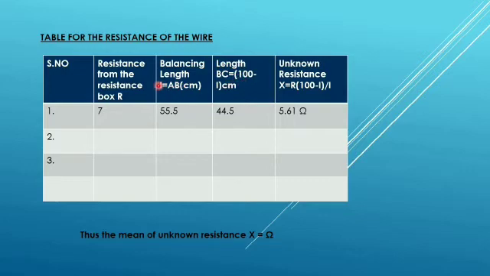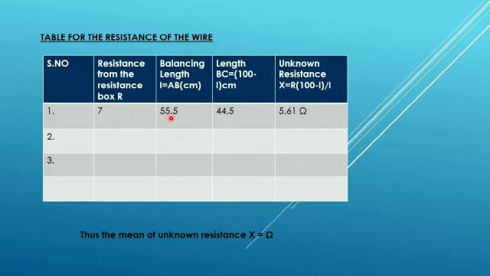100 minus this L, and unknown resistance X equals (100 minus L) upon L into R. So R we will substitute from this table, 100 minus L we will substitute from here, and upon L. Like we have demonstrated for the first reading, I took out a 7 ohm resistance from the resistance box.